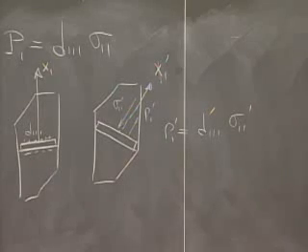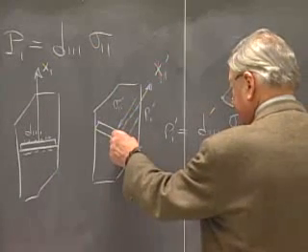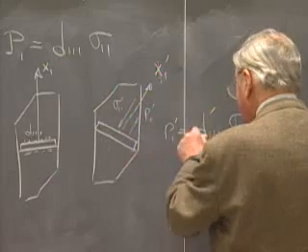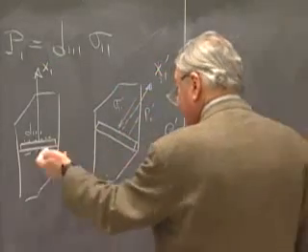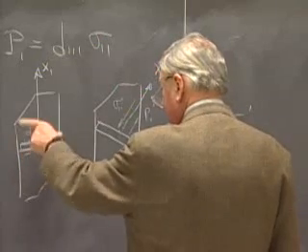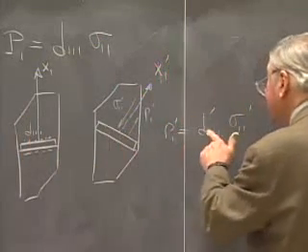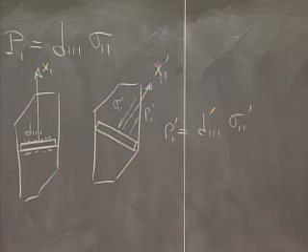Okay. So what we are asking essentially is how does D111 transform when we take the direction of x1 in a different orientation and thus change the value of D111 prime.